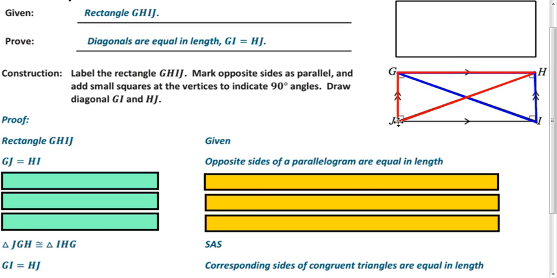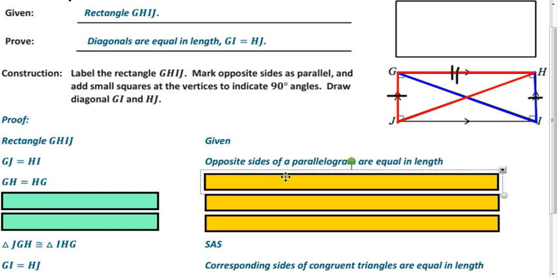So looking at triangles JGH and IHG, GJ equals HI. Now the corresponding pieces line up right. So what else can we say there? Let's do our hash marks first. And we have GH equals HG. What property is that? That is the reflexive property.